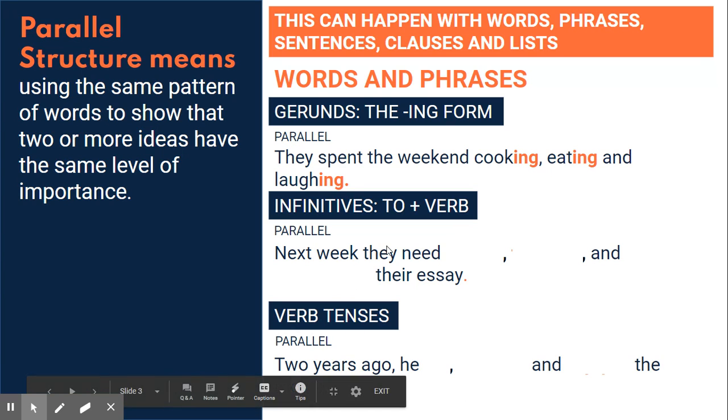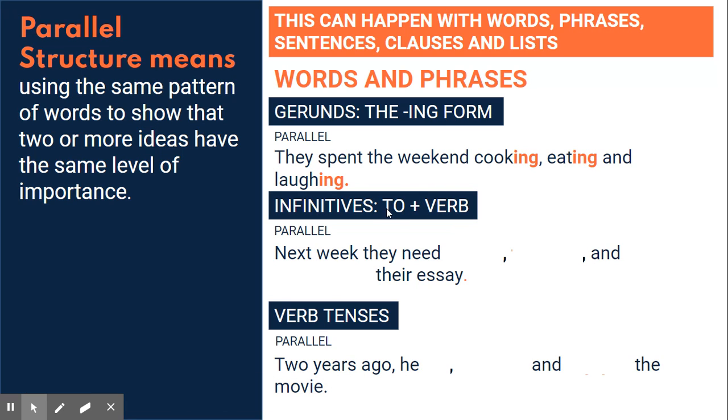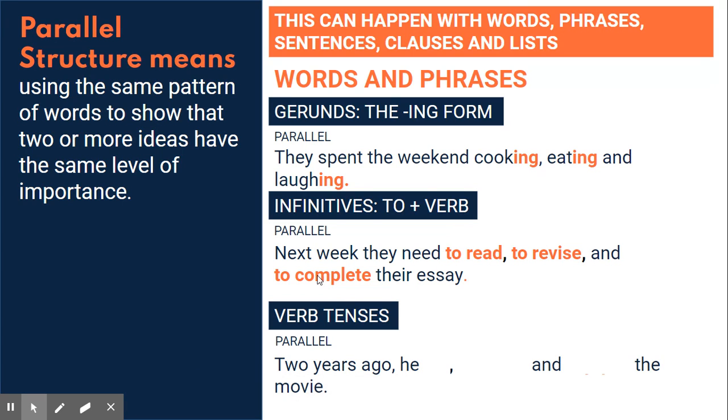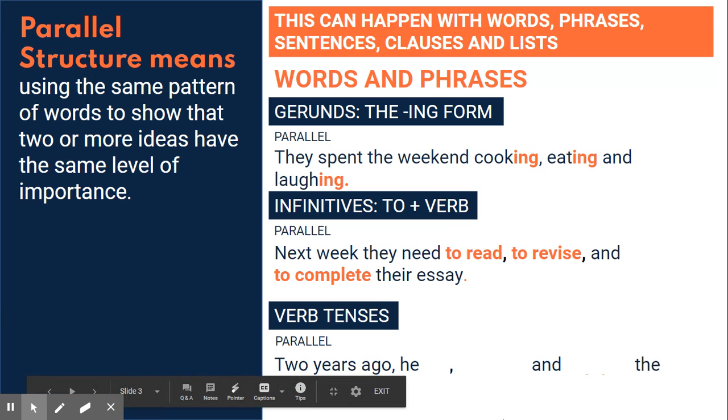We can also use infinitives, which is another example of a verbal. Infinitives are made up of the word to plus a verb. Next week, they need to read, to revise, and to complete their essay. We have another list again, but each element within the list are infinitives. So this sentence is parallel.